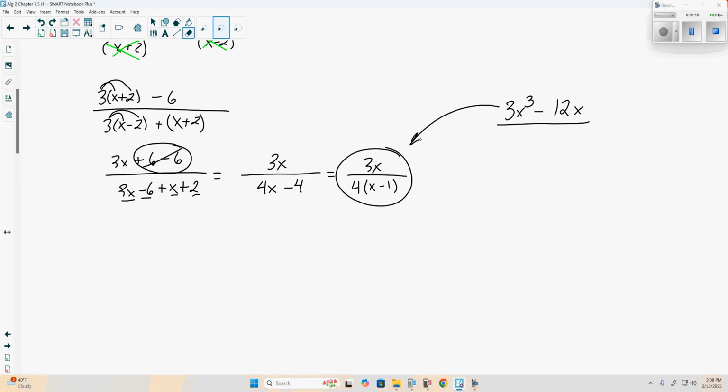Because really all this is 3x times x squared minus 4. On bottom, we're going to have that x squared minus 4. It's going to come out anyways. So anything above is going to give us more work. Does that make sense? That's why we want to try to avoid going above that least common denominator.